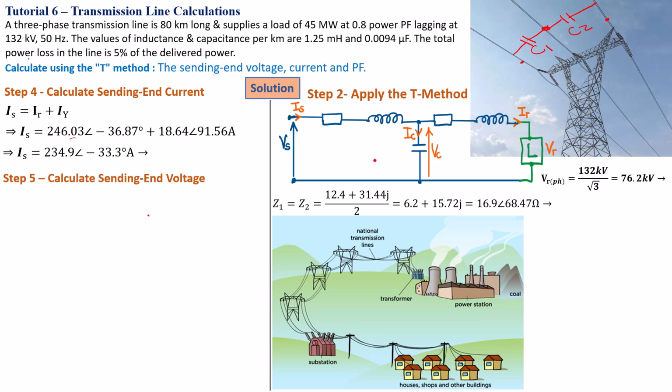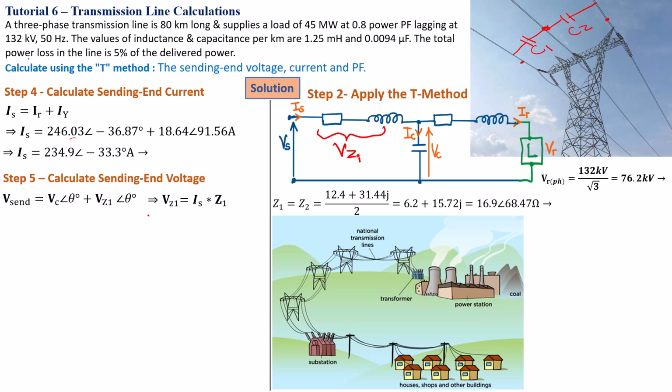So V send is equal to VC plus VZ1, and this here is VZ1.